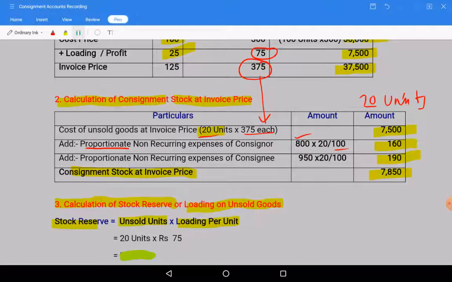you will get the amount of stock reserve or loading on unsold units, 1,500. You can do it in another way also. How to get stock reserve in another way? Stock reserve is equal to total loading into unsold units divided by total units.